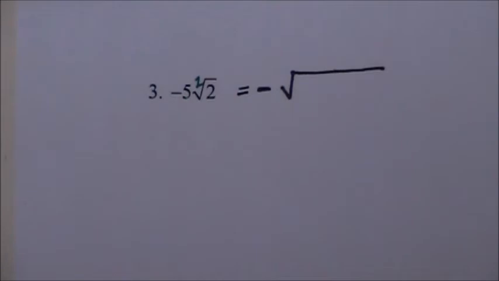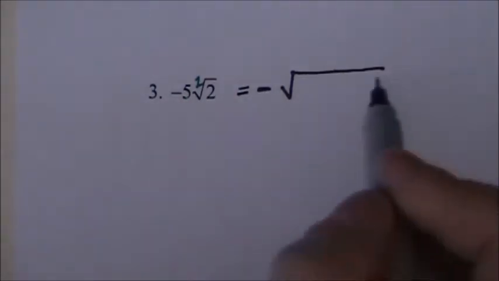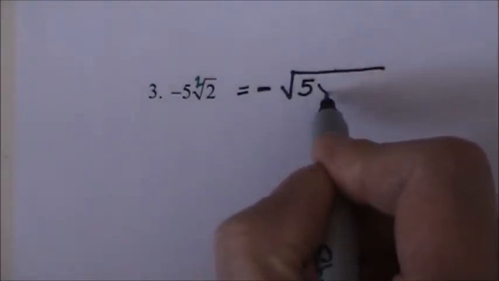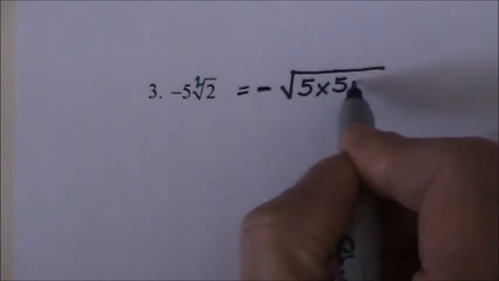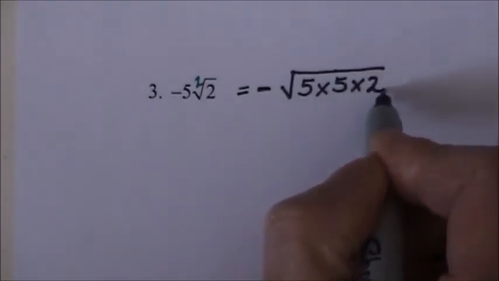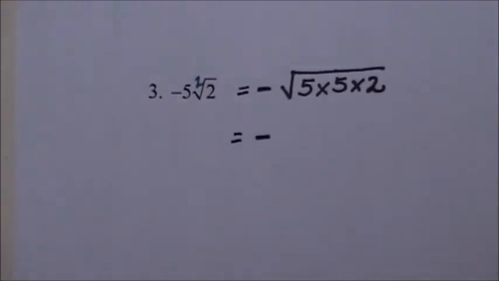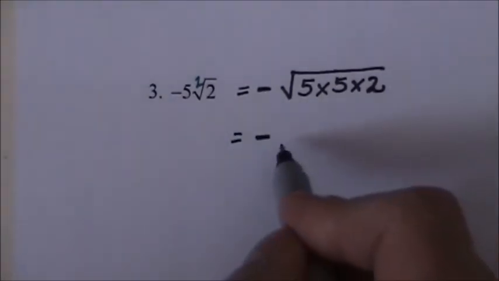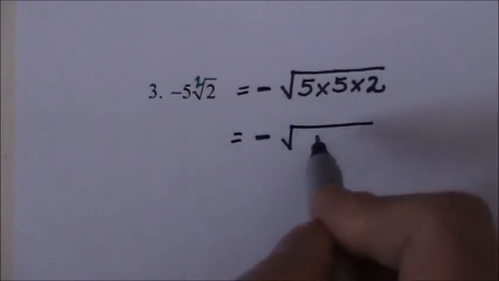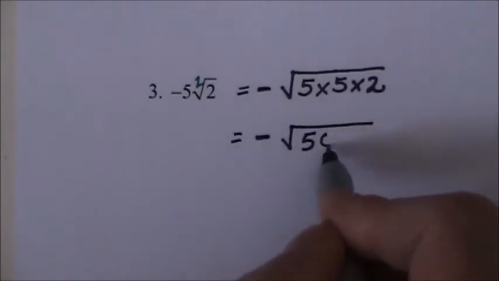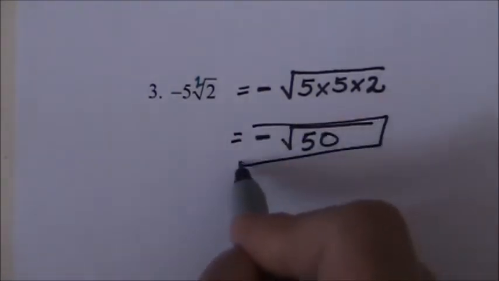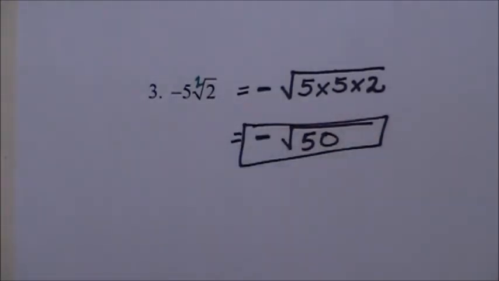Index of 2 means we need 2 of the 5s, so we multiply 2 5s together, and then multiply that by the radicand we already had underneath. We still have our negative value, so our number has not changed. And when we go 5 times 5 times 2, we get 50. There is our final answer.